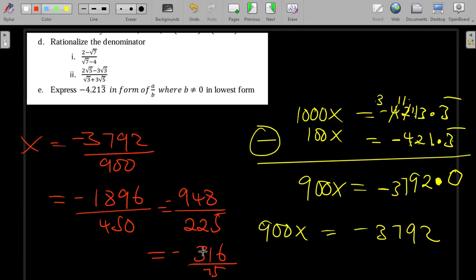Yes. Can it go into 316? No. So there's no number that can go into this one and this one without leaving a remainder, so we leave it here: minus 316 divided by 75. All right, so that's all for question 1. In the next video, we are going to solve question 2. All right.